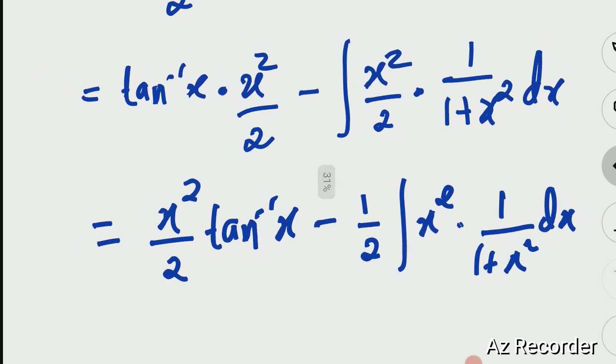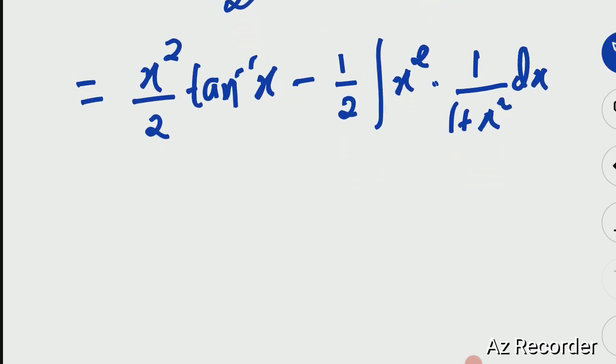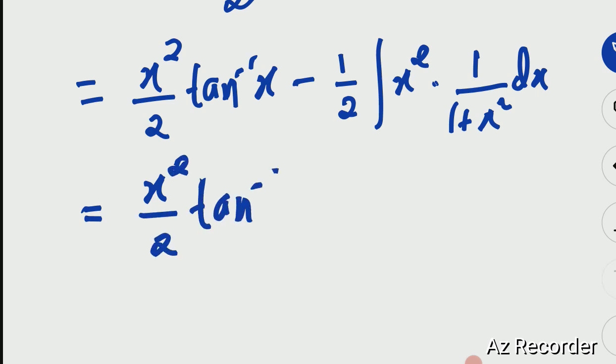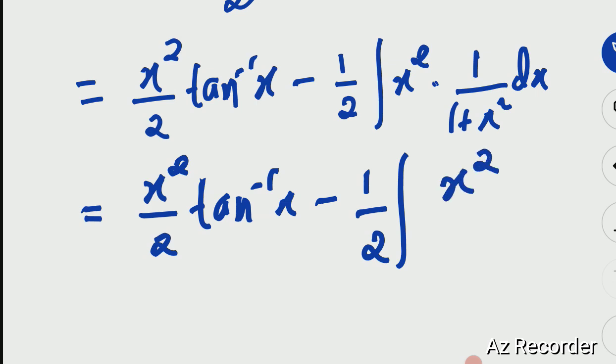So the next step is that we are going to simplify. So we have x squared divided by 2 tan inverse of x minus a half into, if you are integrating, we can do this. You can multiply this, so we have x squared on 1 plus x squared with respect to dx.